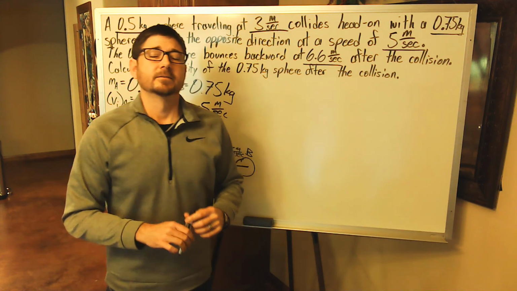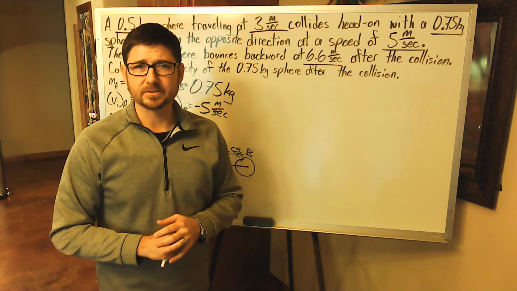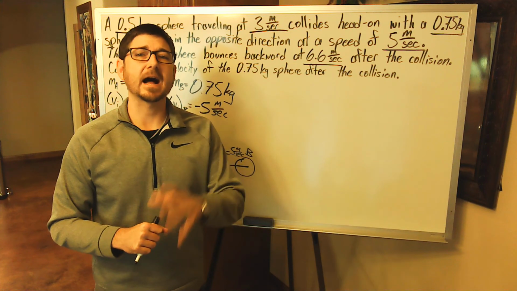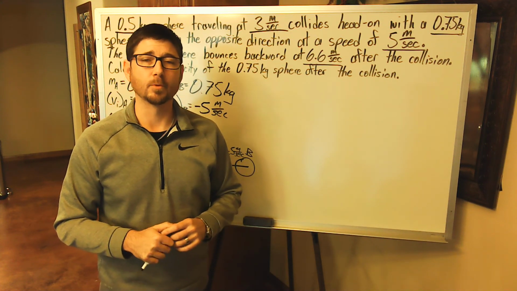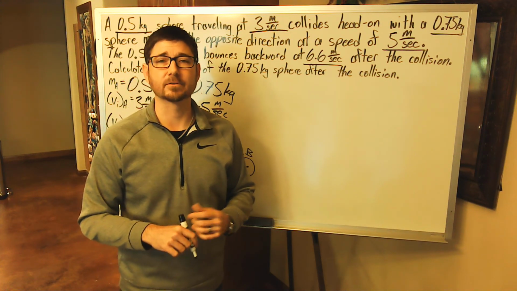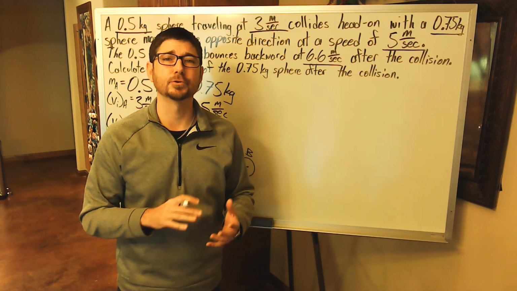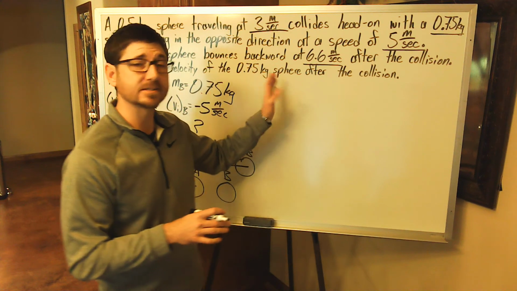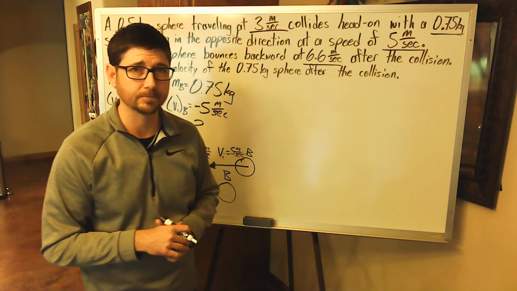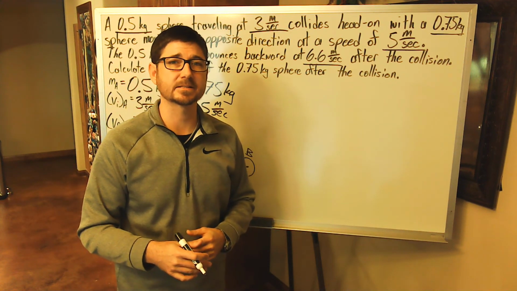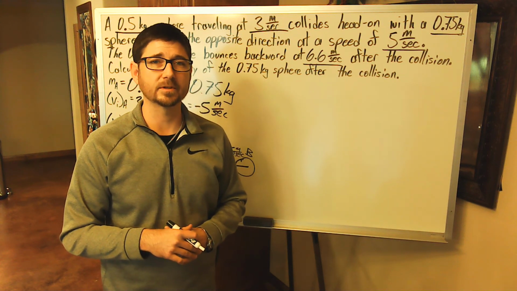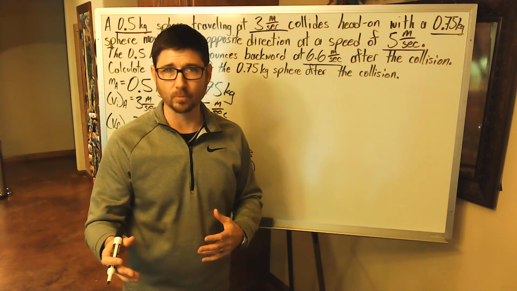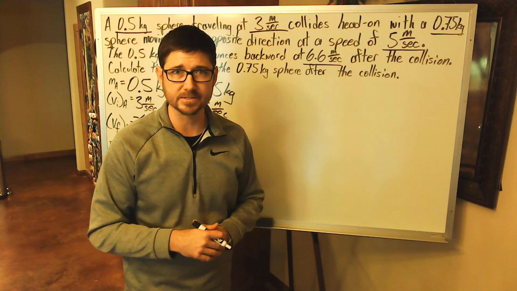A closed system means that no mass is lost or gained. So the mass is going to be constant in our problem. Also, the isolated system means that there's not going to be any external forces acting on our system.